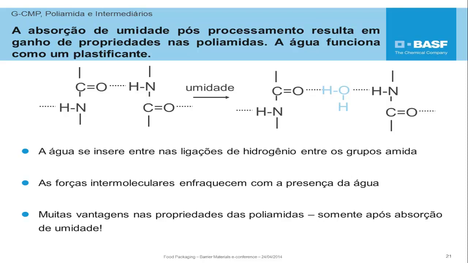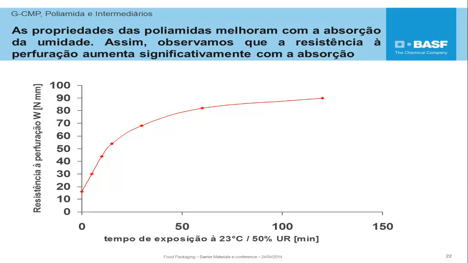Slide 22. Analyzing the graphic we are presenting, we can see a clear improvement of the puncture resistance when the polyamide material is exposed to humidity in certain constant conditions. The longer the exposure is, the more significant the improvement of the mechanical properties or puncture resistance.